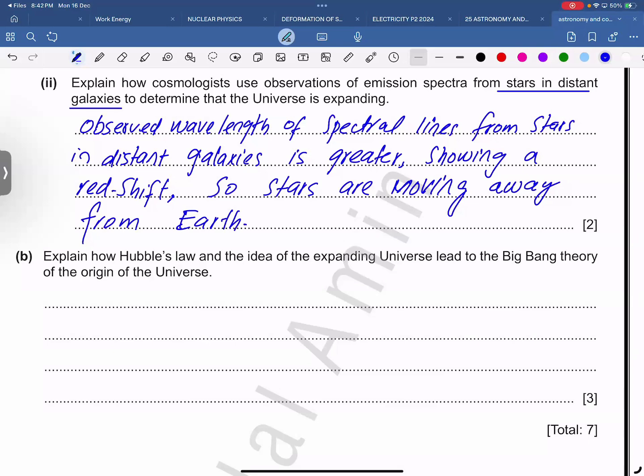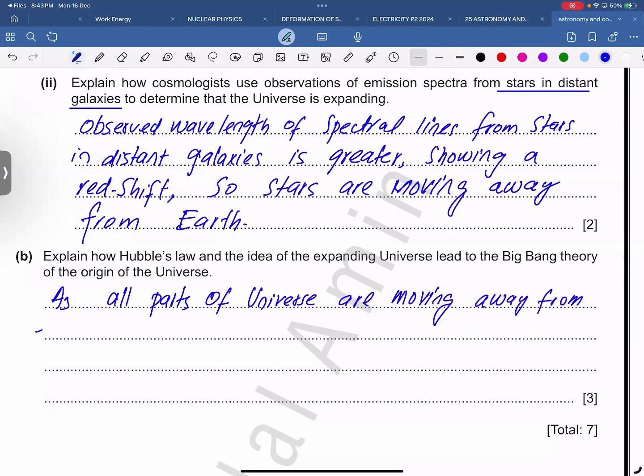Then an explosion took place and they started to move away. Yes or no? So all parts of the universe are moving away from each other.